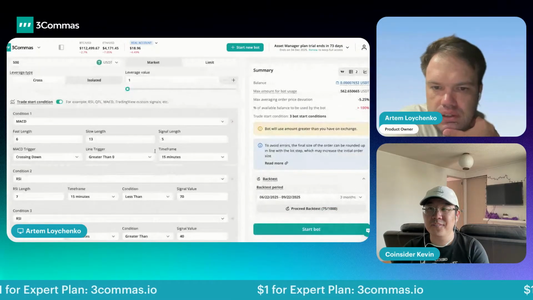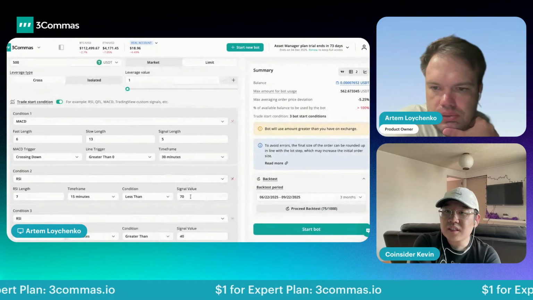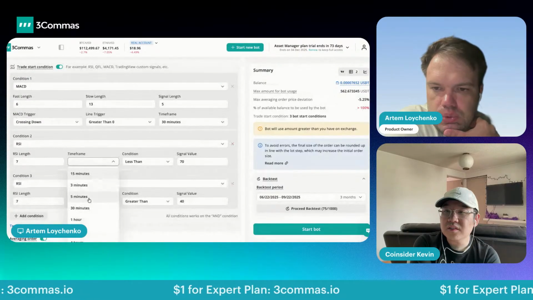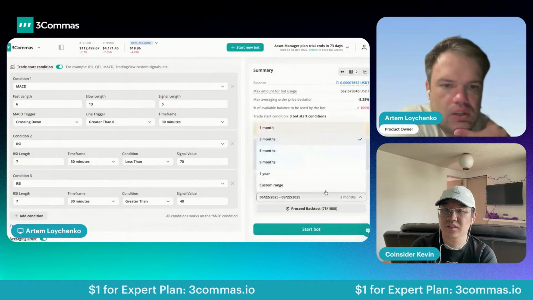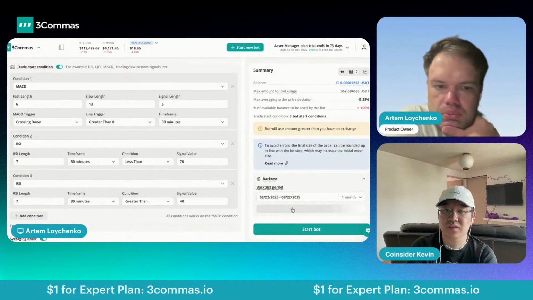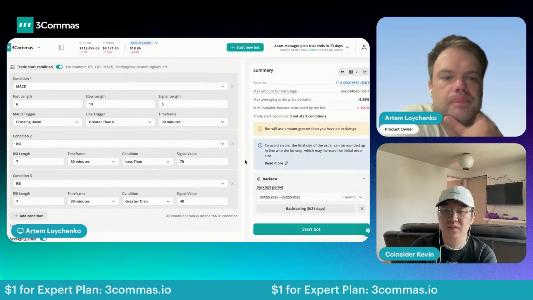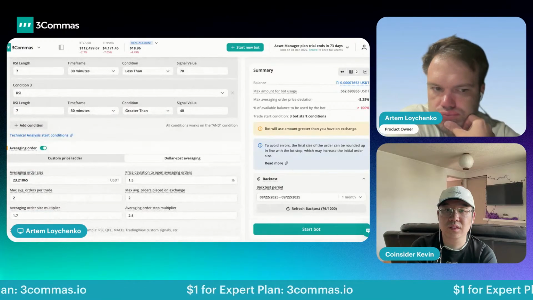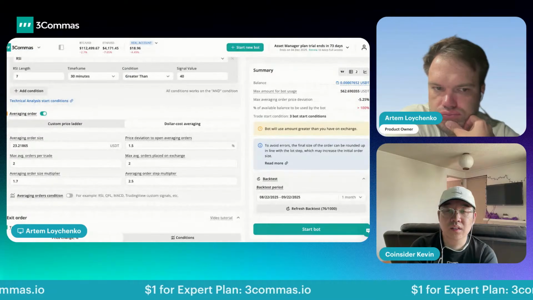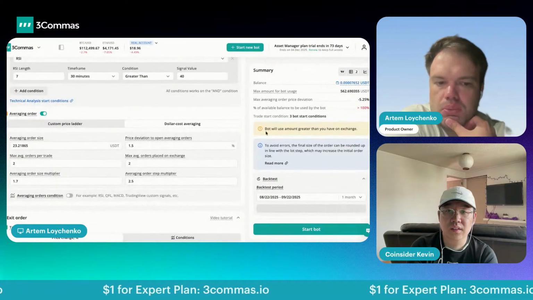Let's do 30 minutes, for example. It wouldn't be the same strategy, but I'm curious how the short one will do anyway. One month, proceed. Something is happening.